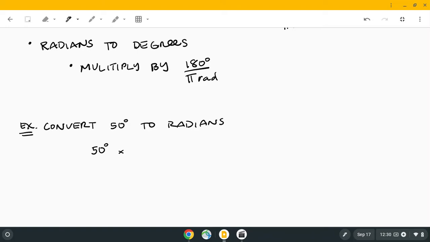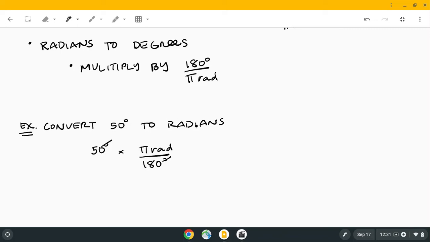If you're taking chemistry, you do dimensional analysis, and you're always multiplying by 1 written in the form of some equivalence, like 180 degrees over pi. We want radians, so we're going to use the one where it's radians on top and degrees in the denominator. And so the degrees cancel, and that's how you end up with radians.